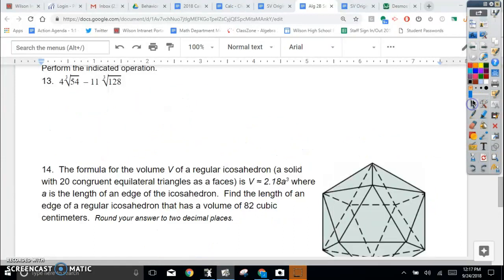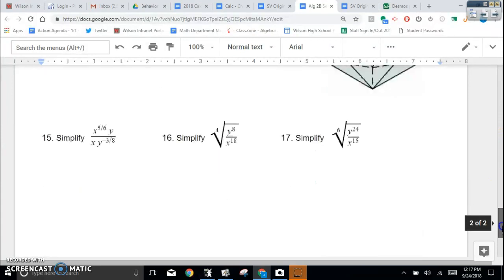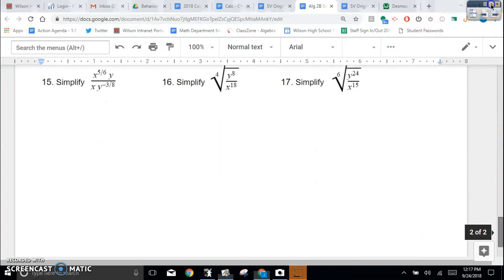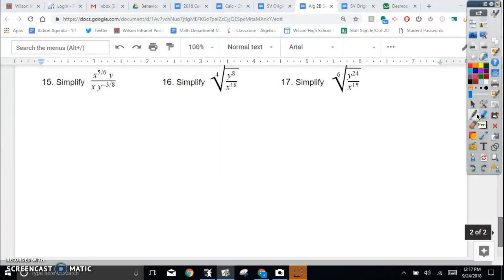All right. And now the last three at the bottom. So we're going to simplify all the following. I'm going to subtract 5, 6, and 1. 1's larger than 5, 6, so x will stay on bottom. That will be 1, 6. Y is larger on top, and that will be 1, which is 8/8. 8/8 minus a 3/8 is 11/8.